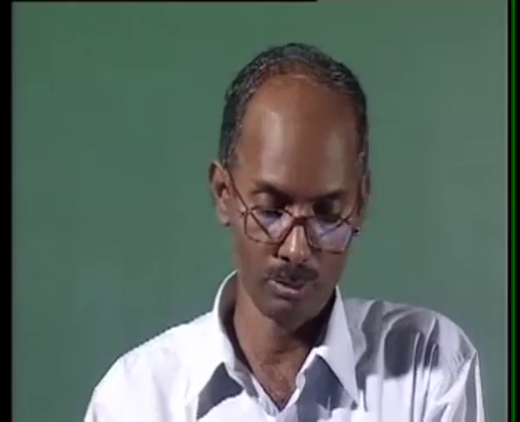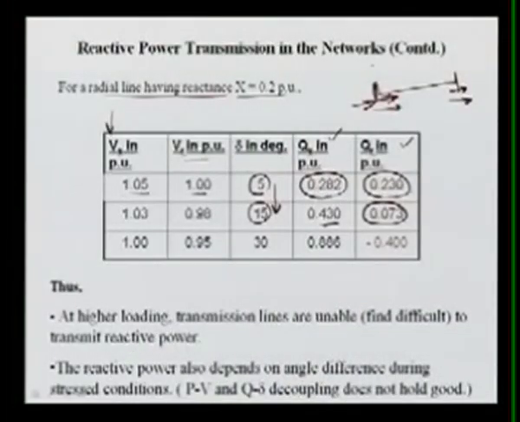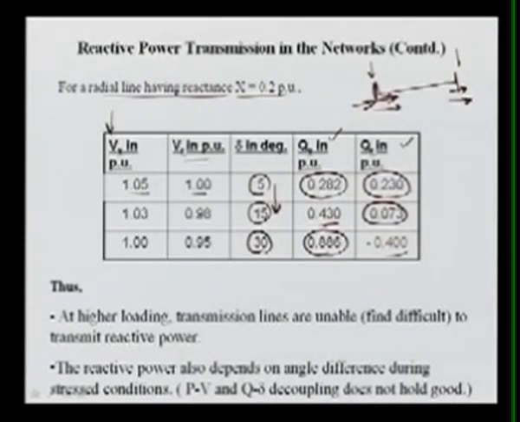That is almost 0. Now you can further reduce the voltage, and if this angle is changed more, we can say the reactive power generation here is almost 88 MVAR. However, on the other side it is negative, which shows that reactive power is again consumed by this line, and reactive power is flowing into this line.